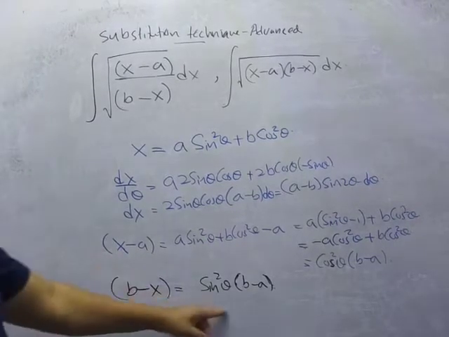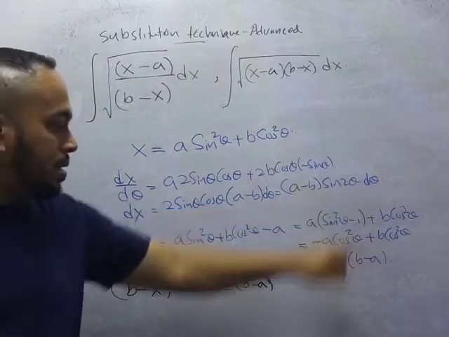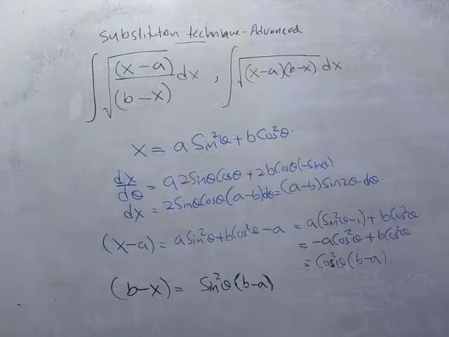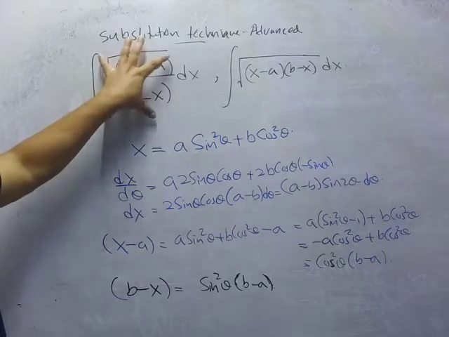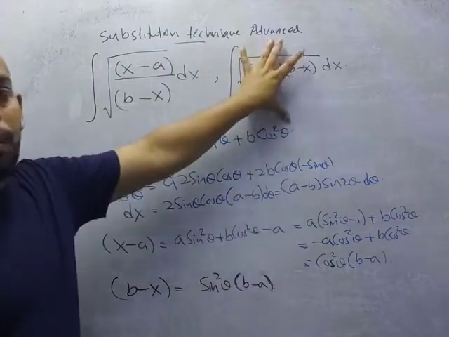Now we can use these two to replace this because we have dx, that is this. Then x minus a is this, b minus x is this. Right. So let's substitute all of these and see what we get. So I'm considering only this one. You can use the same model to deal with this integral as well.